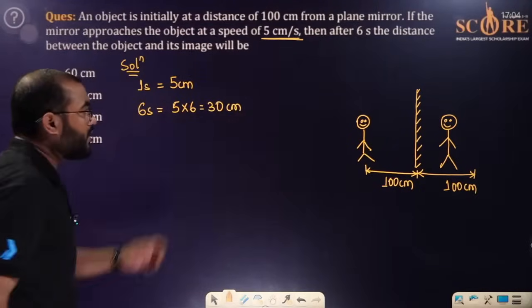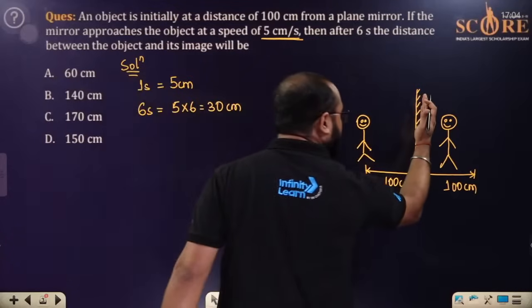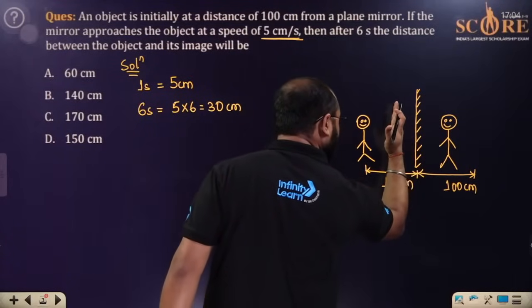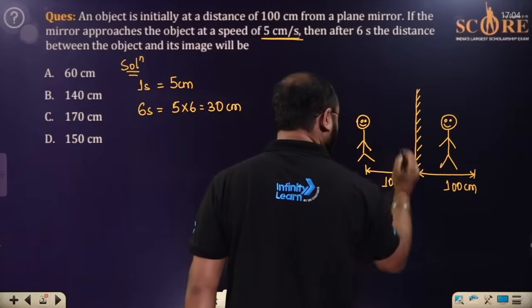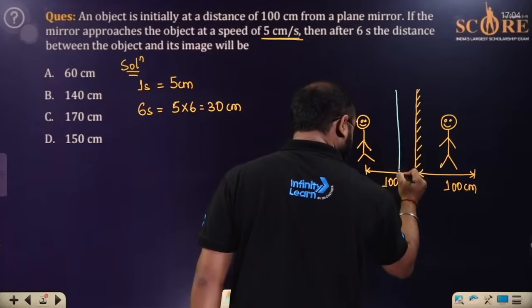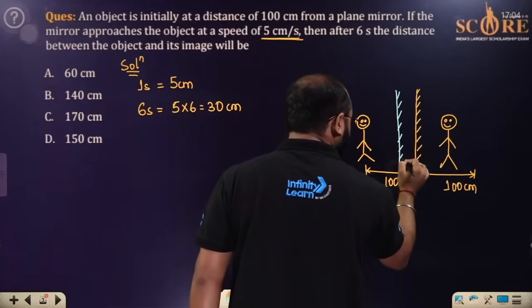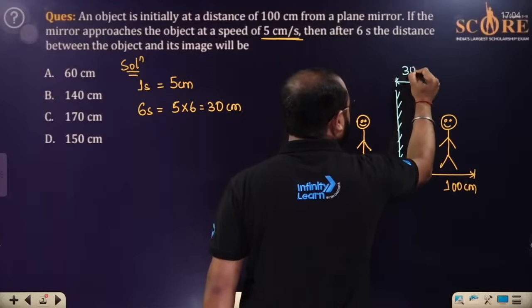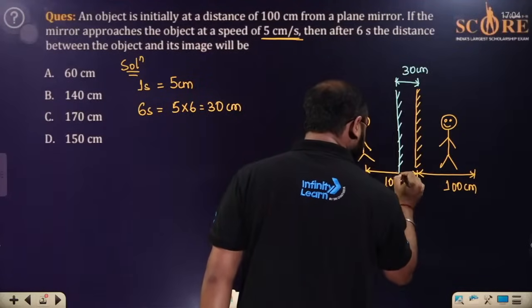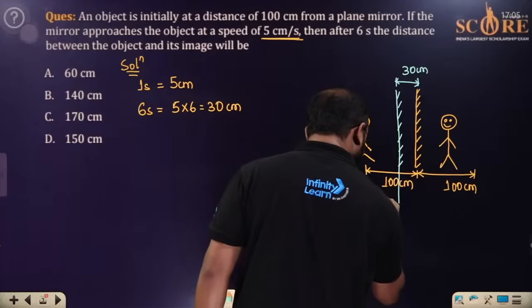The plane mirror shifts 30 centimeters towards the object. So the actual distance between the object and the mirror is now 70.